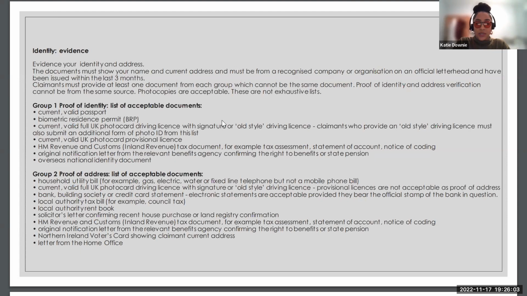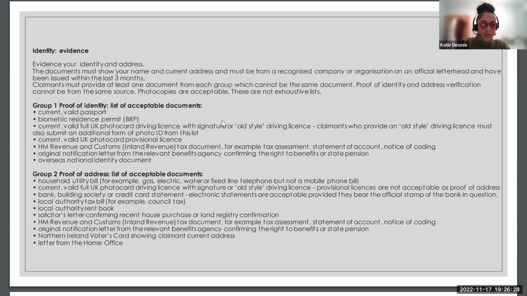You will also need to evidence your address. So that would be utility bills, bank or building society statements or letters from the bank, local authority tax bills, solicitors' letters confirming any house purchase or Land Registry confirmations, any evidence from HM Revenue and Customs, proof of address.